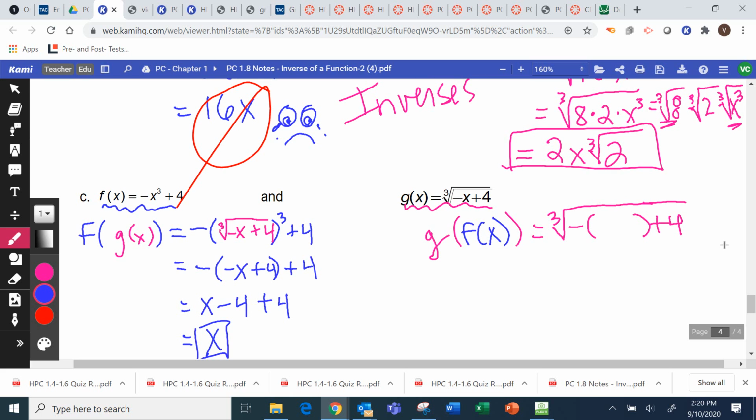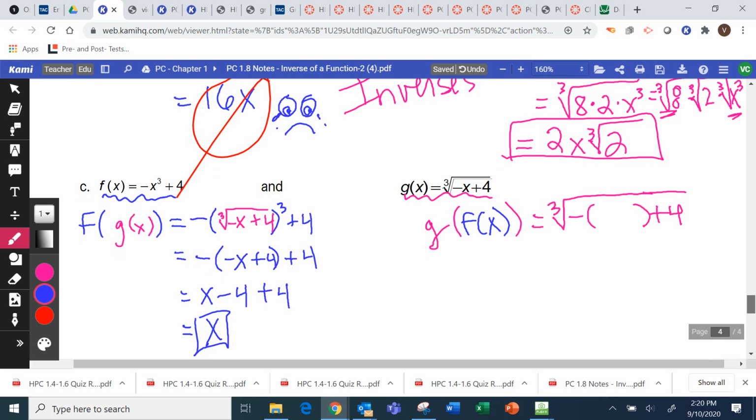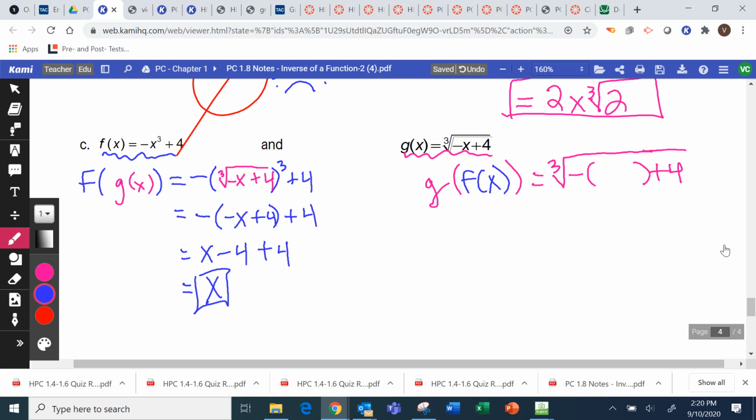As long as I didn't make a mistake, the other one should work too. You see I already copied down the g, but I didn't put my f in there. So I'm going to put my f in there now: negative x cubed plus 4. I'm going to go inside of the radical. There's nothing I can do inside of this parenthesis, but the cube root itself has an understood parenthesis.